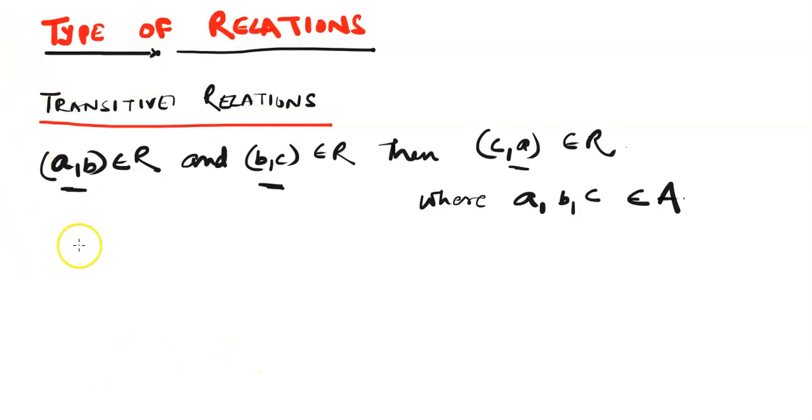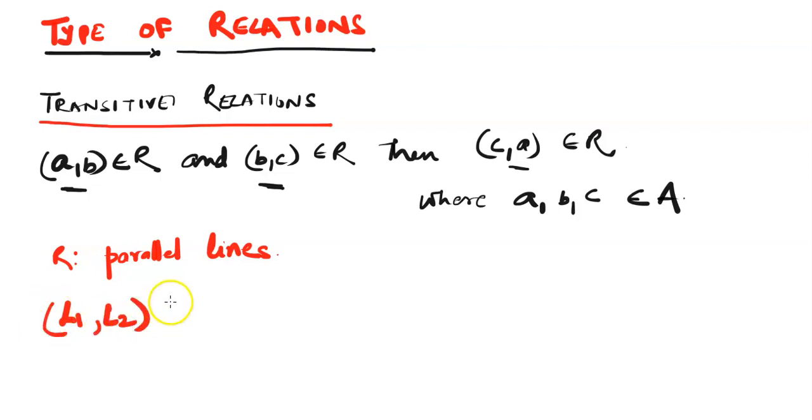We can say in the same example where the relationship is parallel lines, there's L1 and L2 which are parallel, and then there's L2 and L3 which are parallel lines.